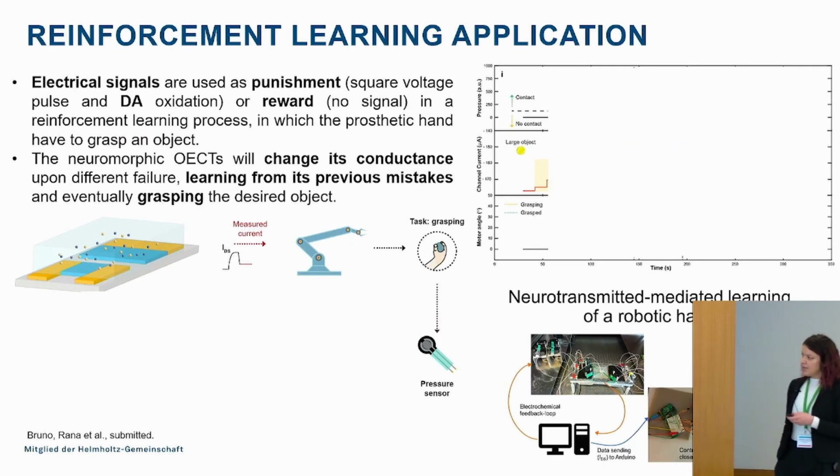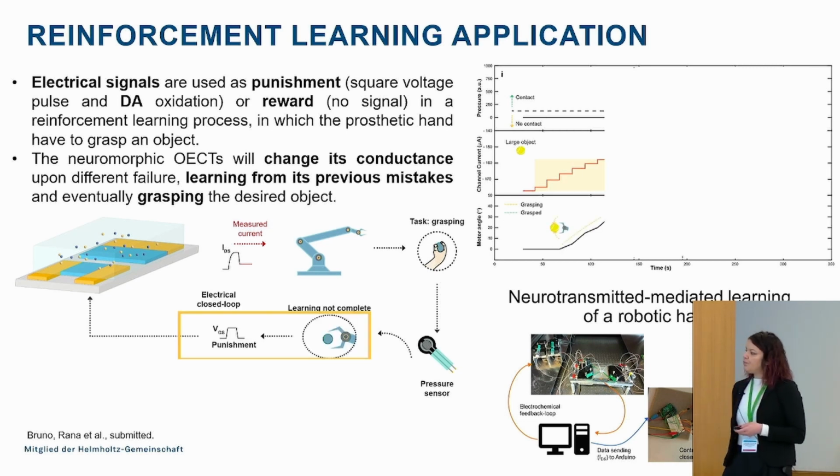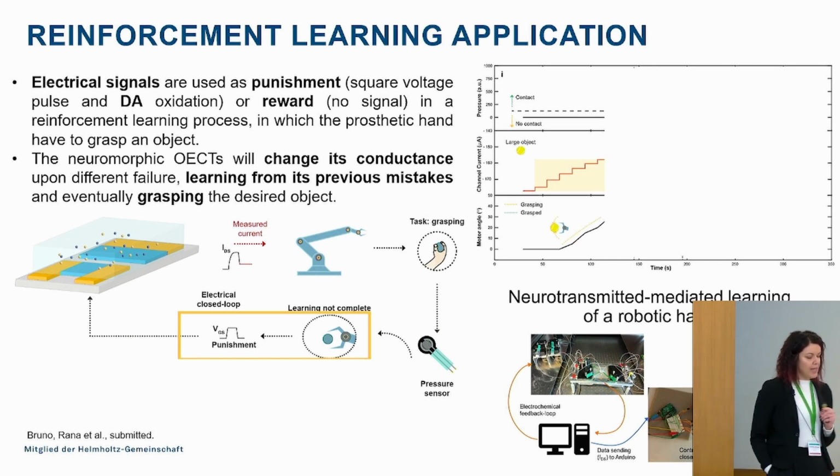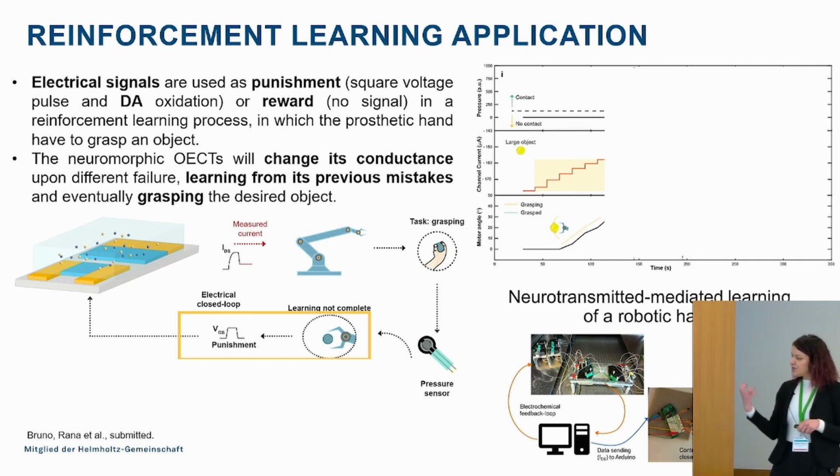And this is also how we could later perform reinforcement learning by, for instance, integrating a pressure sensor at the fingertip of this robotic hand, and then exposing the robotic hand to, for instance, a tennis ball, so a large object.